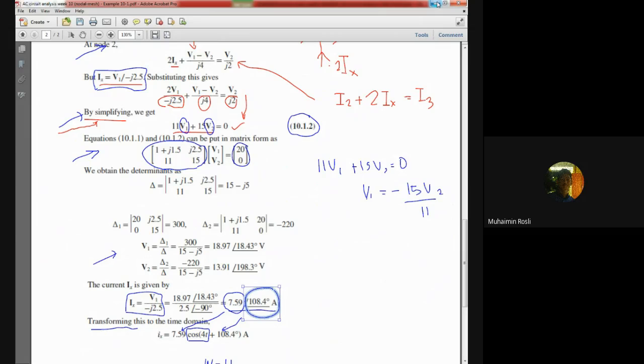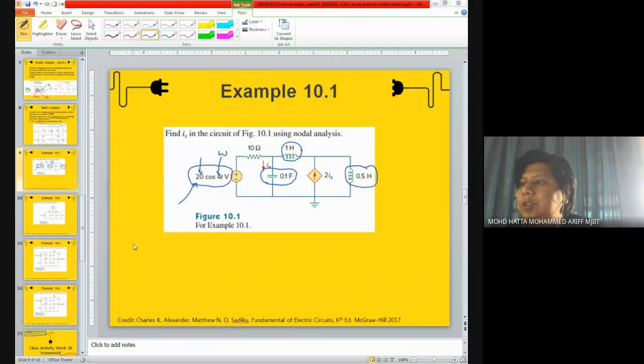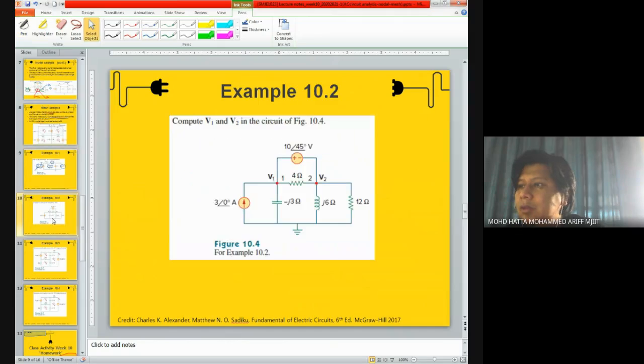No. Okay, all right, that's for example 10.1. For example 10.2, I think you can revise it on your own, because I also put the solution for example 10.2 in e-learning.